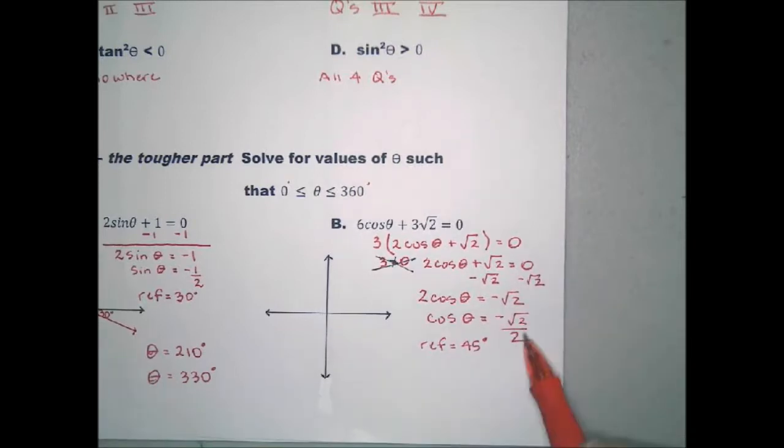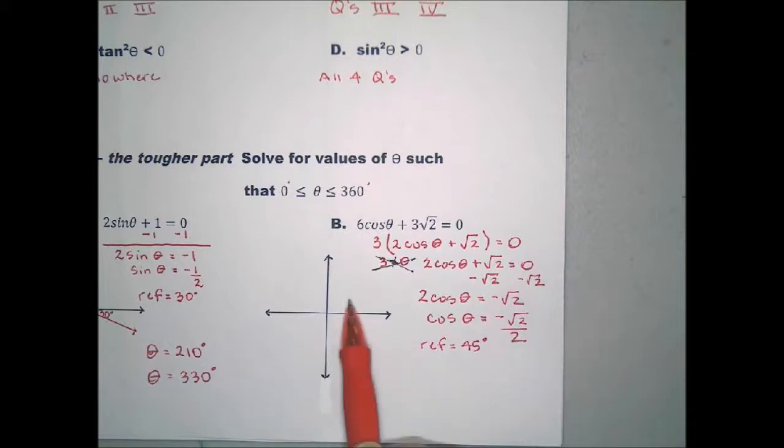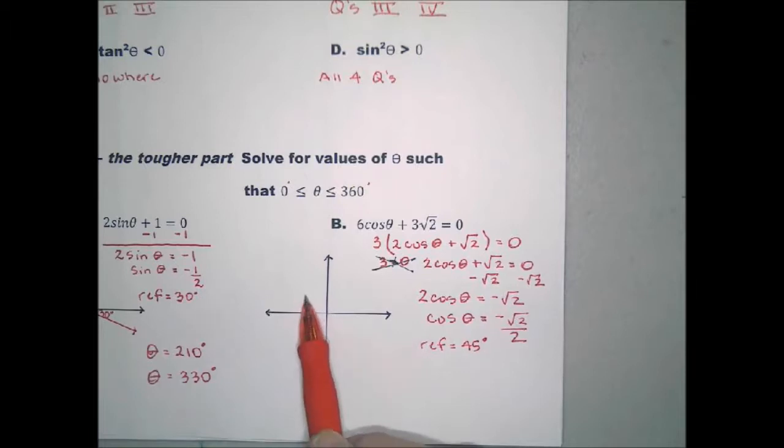But again, it's negative. So which quadrants have negative cosine values? Well, quadrant 1, everything's positive. Quadrant 4, cosine is positive. So it's quadrants 2 and 3.